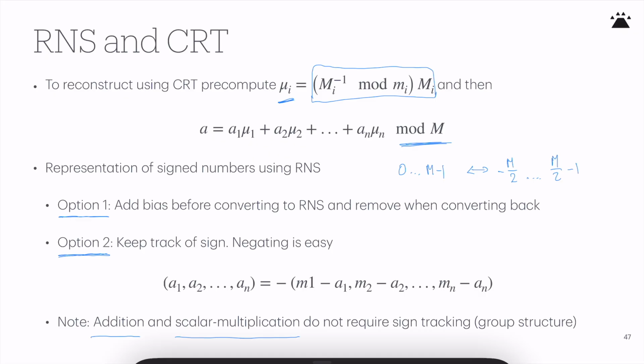But when we go to multiplication, because it's not a field, that gets trickier, and we need to remember what the sign of the number was. If we do know the sign, there is an easy way to negate an RNS number: subtract from each coordinate its m_i.